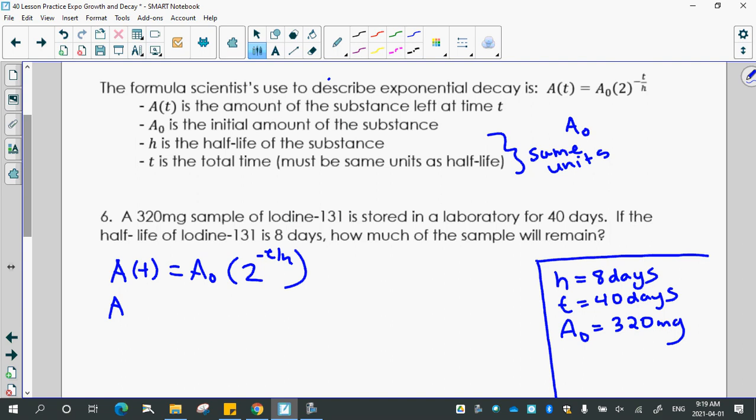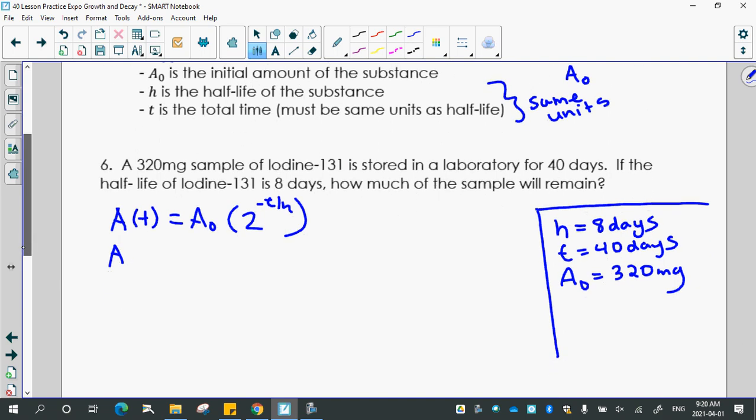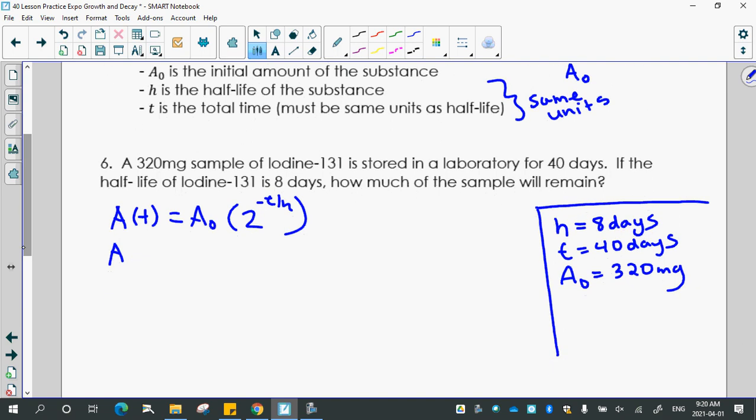One thing I noticed students forget to do is they keep that as A at t, but once we're subbing the numbers in, it changes to A at 40. We're finding the amount at 40 days. So make sure that you change the t over to 40. And it's going to be 320 times 2 to the exponent, negative 40 over 8.